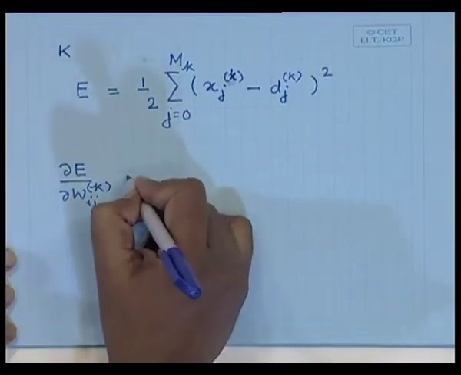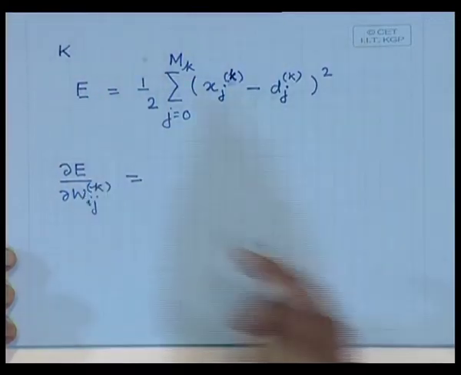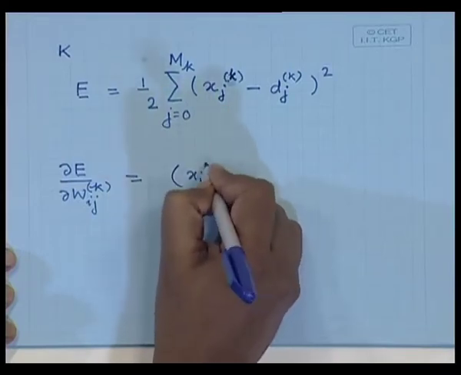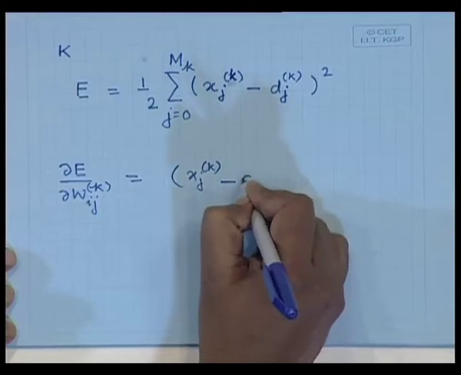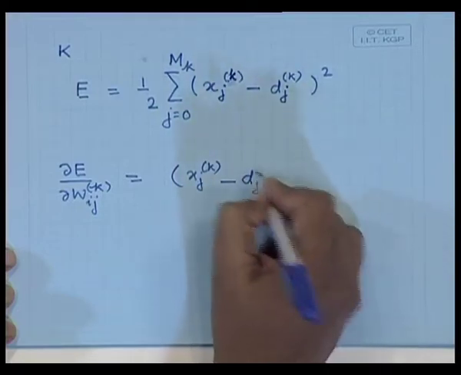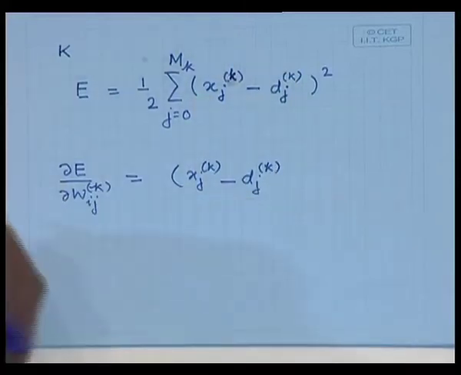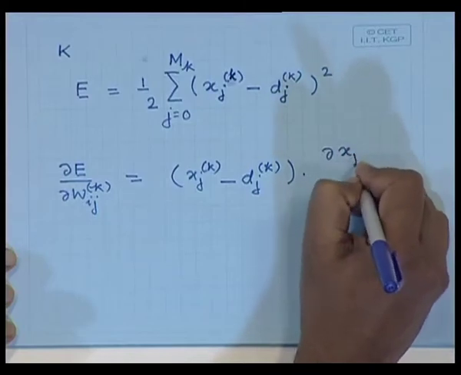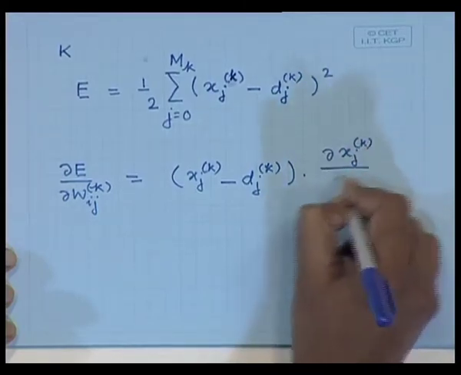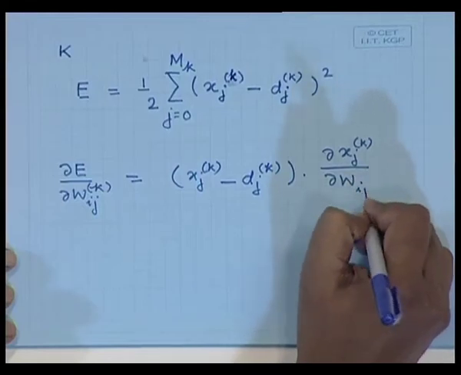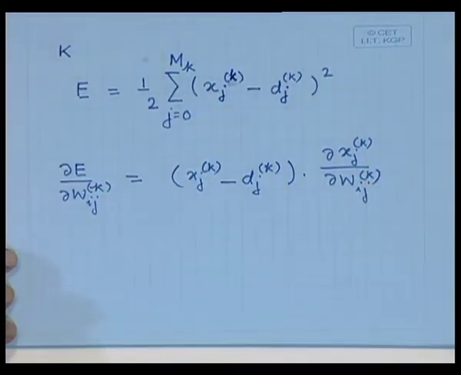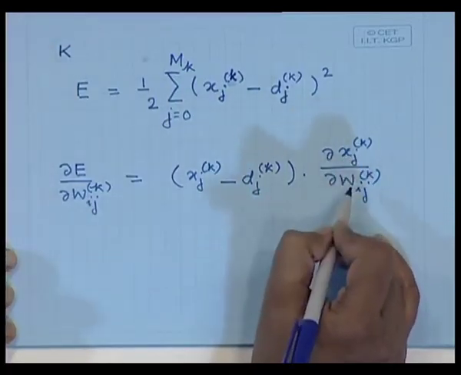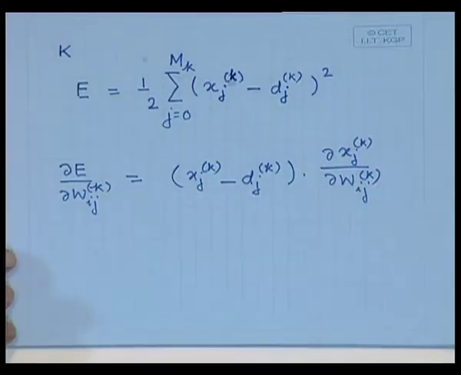What will be this? Again, following the similar derivative approach, this will be simply (x_j^k minus d_j^k) into del x_j^k upon del w_ij^k. Now, you find that I am putting this del x_j^k by del w_ij^k, which I did not put in case of the single layer.